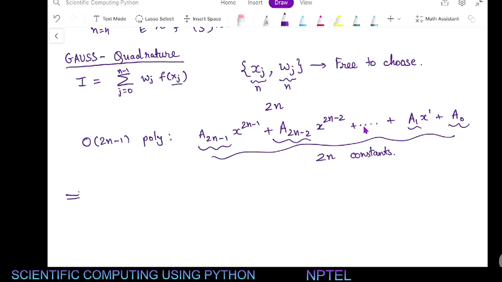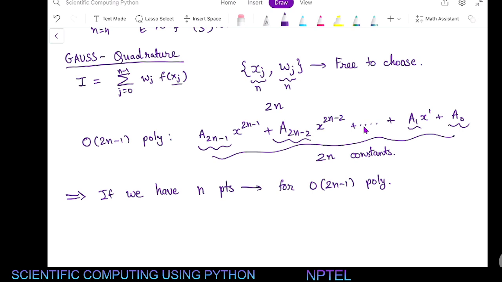And what is the conclusion? It means if we have n points, we can integrate the function exactly for an order 2n minus 1 polynomial.